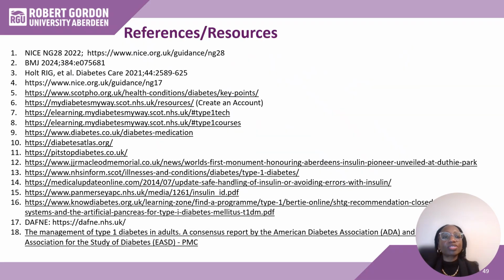And here are the resources and references that I used for this section of my series. Most of these are live links and you can pause and use them, and I'll also have them in the slides if you want to have a look at them after listening to me.